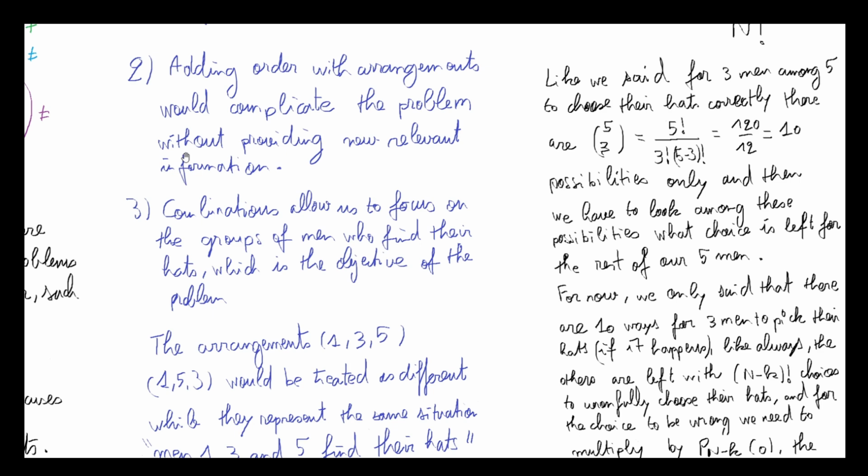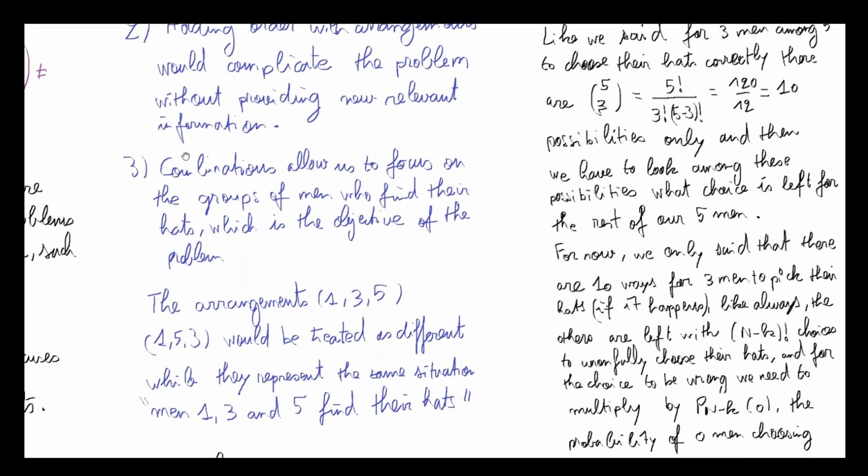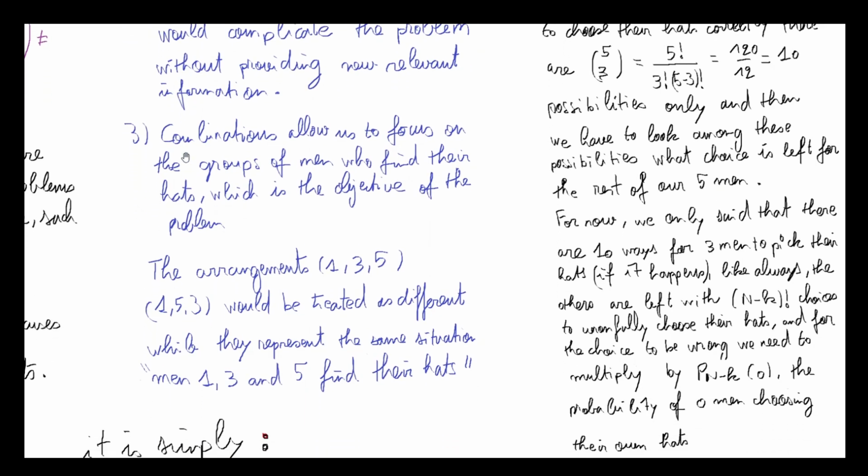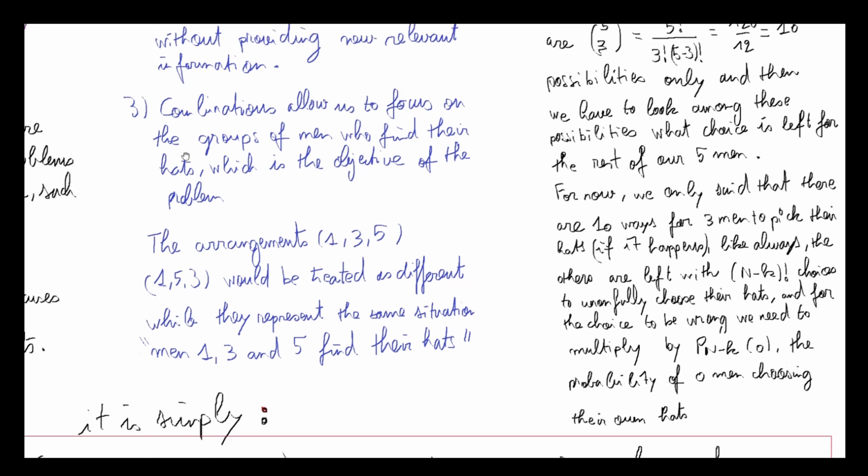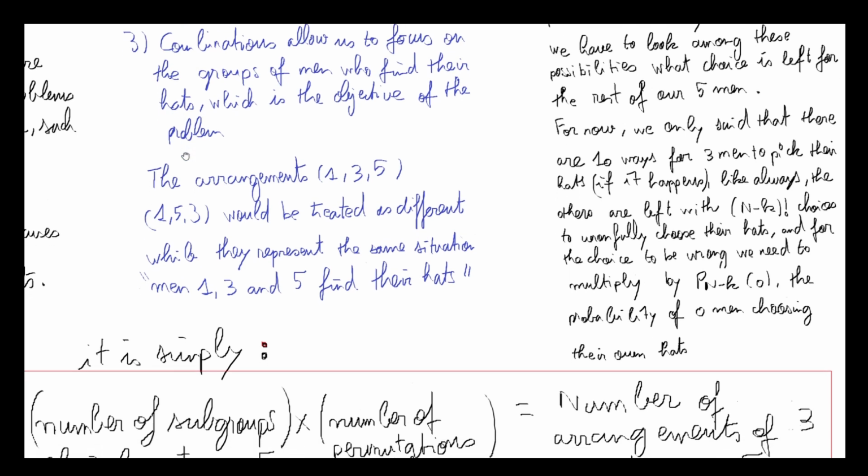For now, we only say that there are 10 ways for 3 men to pick their hats, if it happens. Like always, the others are left with factorial of n minus k choices to wrongfully choose their hats, and for the choice to be wrong, we need to multiply by P_{n-k}(0), the probability of 0 men choosing their own hats.